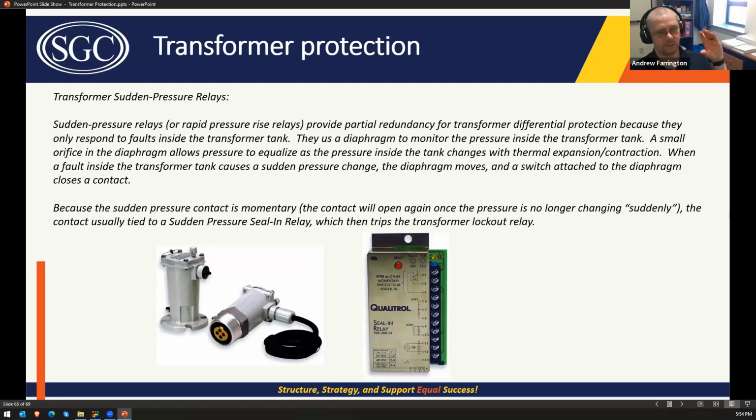But if the pressure stops rapidly increasing, even though it may be higher than normal, then that contact is going to open back up. So the seal-in relay detects the closure and then has a set of contacts that are maintained that can then go and trip your transformer lockout relay.